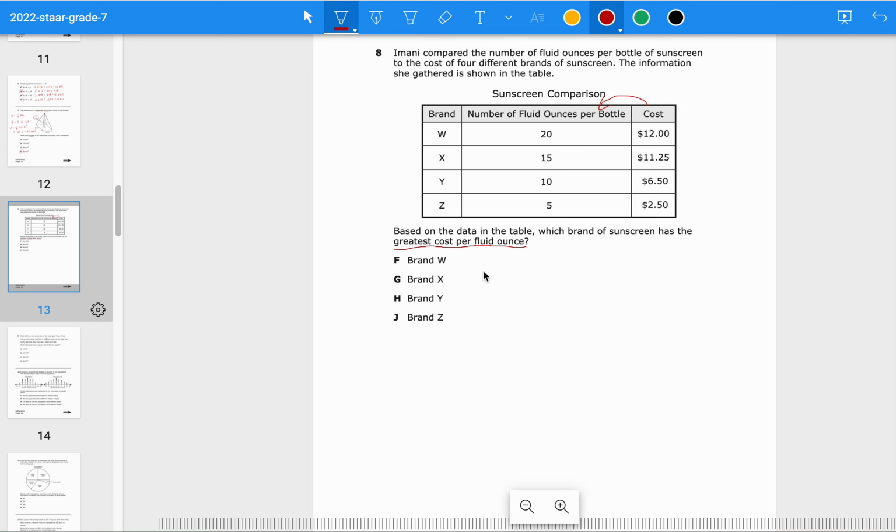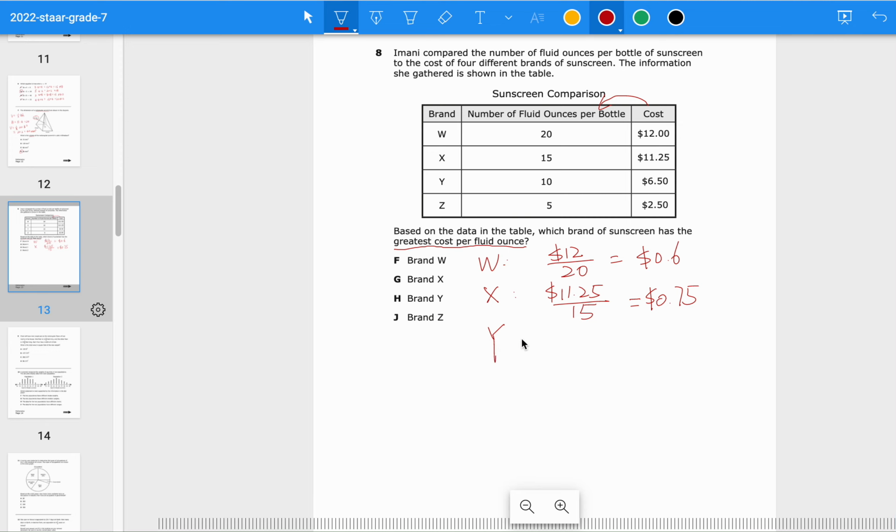So for W, we have $12 over 20 fluid ounces, which you can get is 0.6. For X, we have 11.25 over 15, which is $0.75 per ounce.